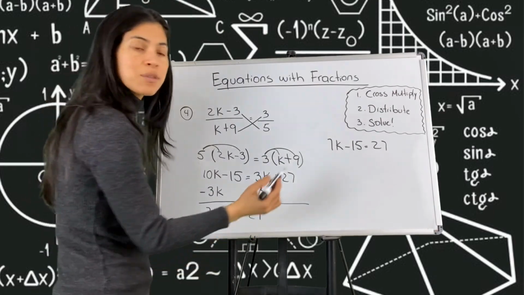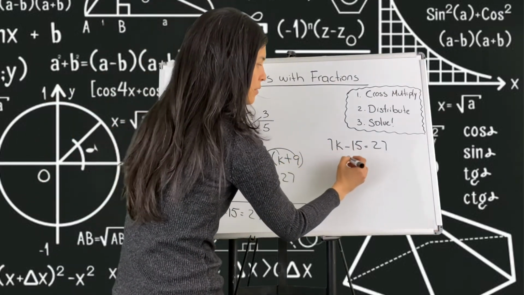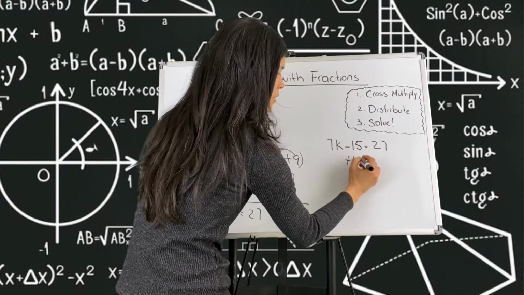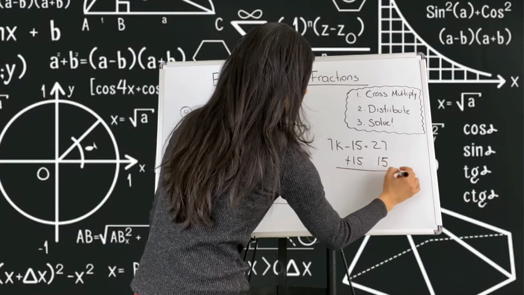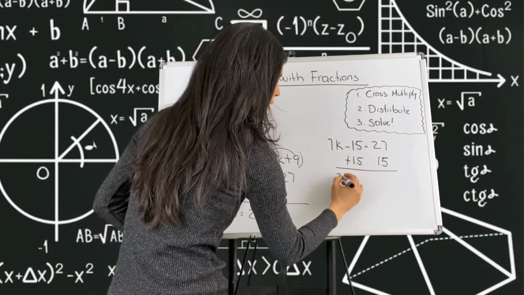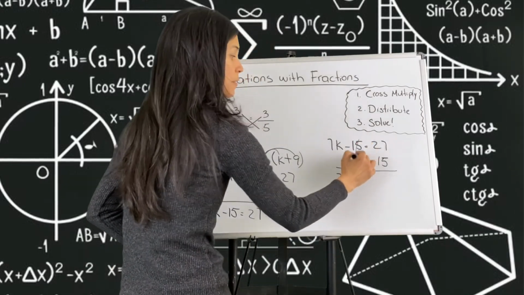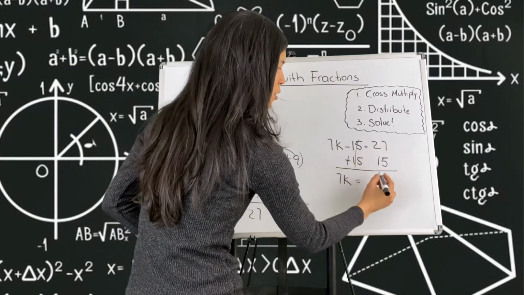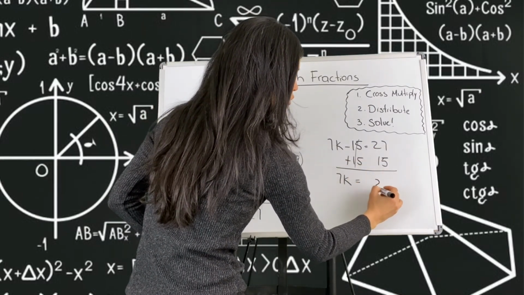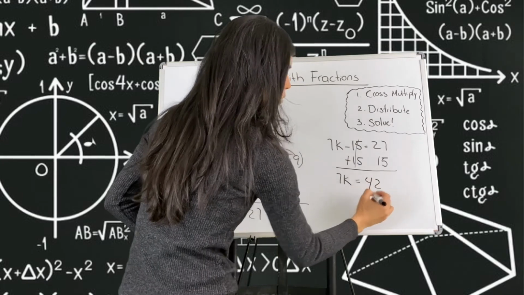Okay, since I am solving for k, let's get rid of that negative 15 by putting a positive 15 on both sides. That way I can bring down my 7k, these 15s cancel each other, and this is equal to 27 plus 15. That is 42.